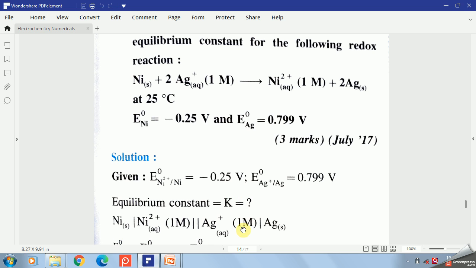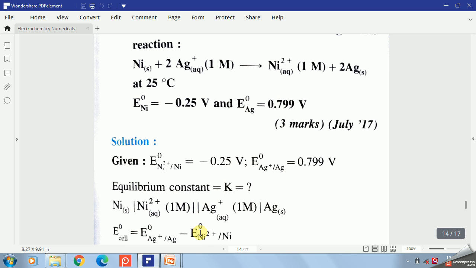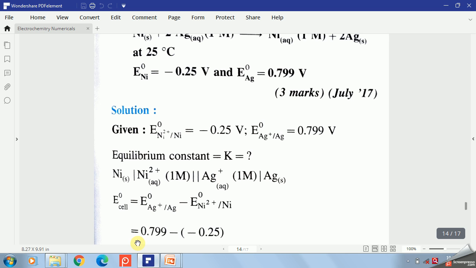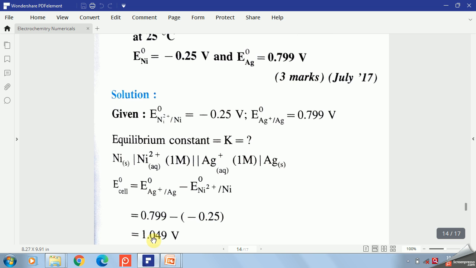Now E0 cell is nothing but E0 of cathode minus E0 of anode. So E0 of the Ag electrode minus E0 of the nickel electrode: 0.799 minus (minus 0.25). So your answer is 1.049 volt.